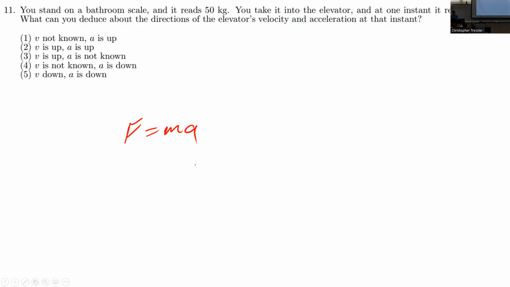So if we look at this question, our weight normally is 50 kilograms. And now all of a sudden it's 60 kilograms. Well, think about it. What do we need in order for that to happen? We know that this is the same.